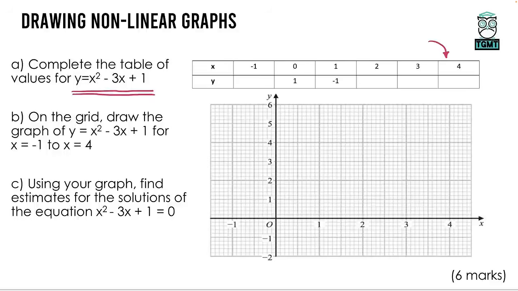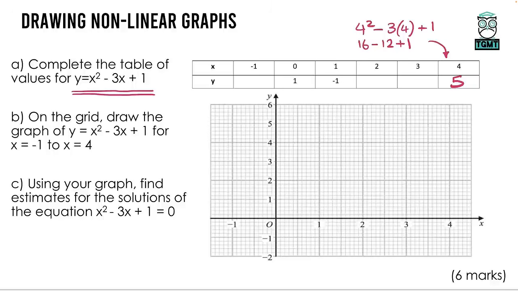So x squared would be 4 squared minus 3 times 4. I like to write it with a bracket just to keep it a little bit tidier. And then plus 1. I just need to work that out and be very careful as I move along. So 4 squared is 16. 3 times 4 is 12, and then plus 1. 16 take away 12 is 4, plus 1 is 5.